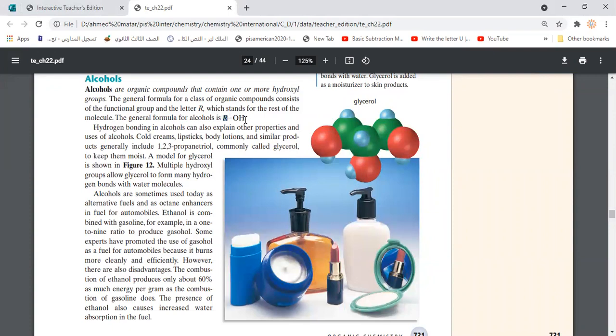The presence of the hydroxyl group in alcohols gives them specific properties: they can build hydrogen bonds between different alcohol molecules. Let's take an example to clarify. Take any alkyl group, for example propyl, which means there are three carbons.